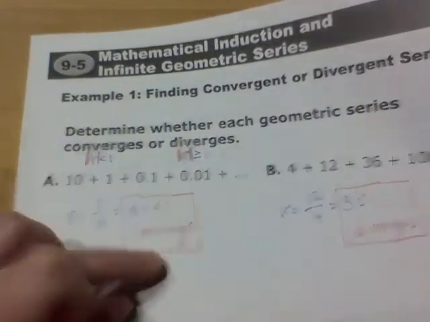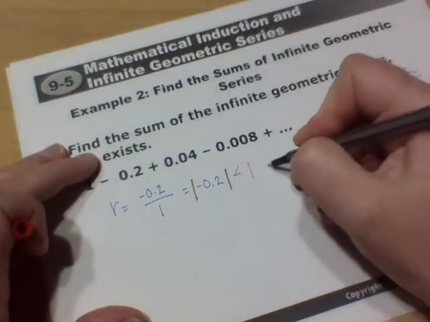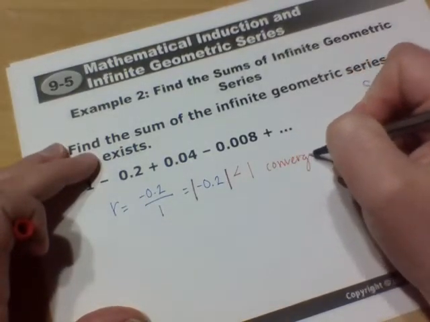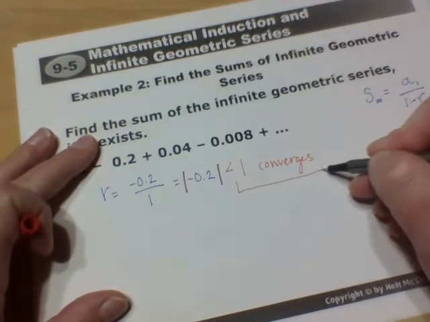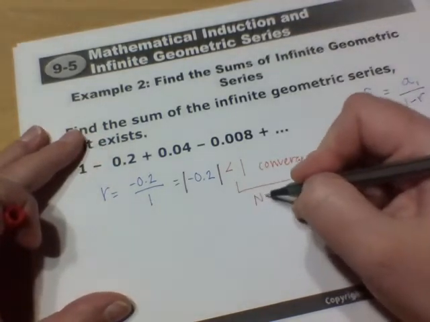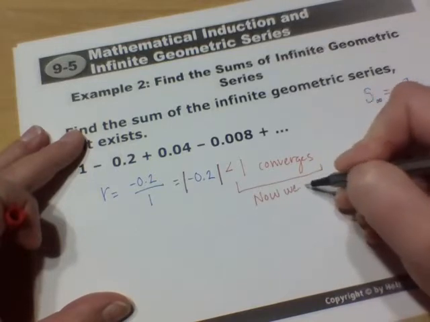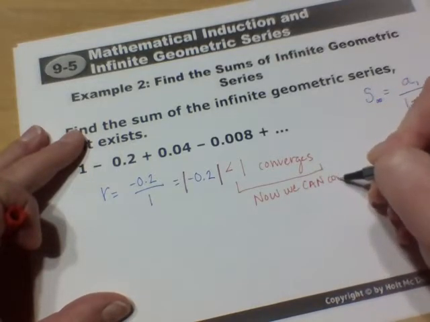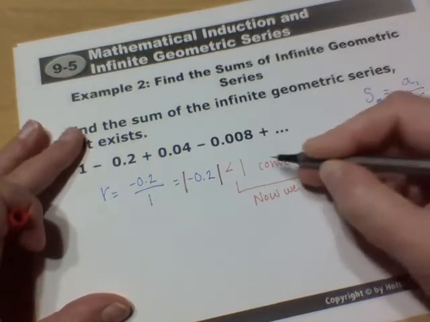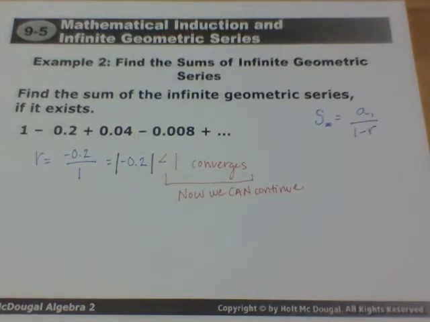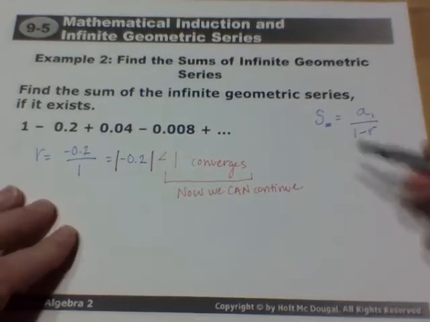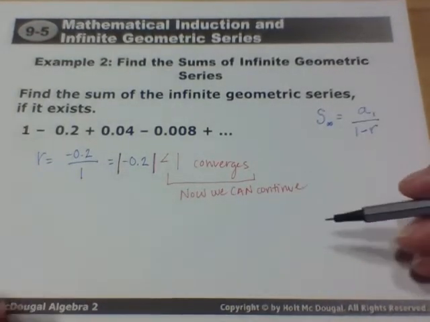And so because, again, it is less than 1, we're going to talk about this converging. So this idea here just told us that we can continue. But of course, if it said that it diverged, we would not be able to get this term. So you can, of course, plug in whatever numbers you want into here, but it will not actually be true unless it's a converging series.